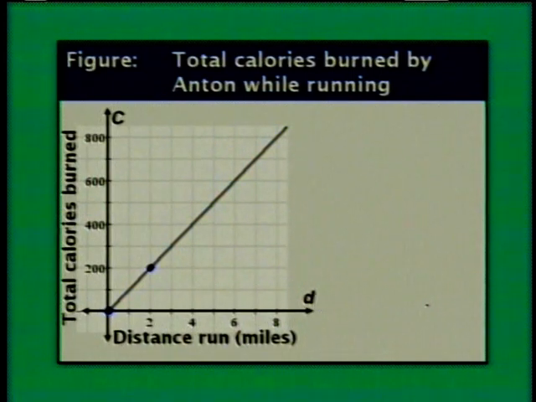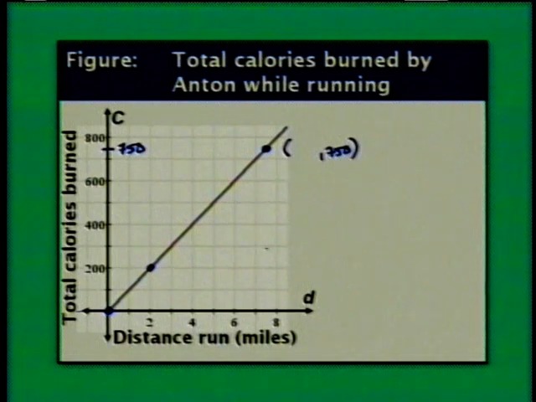So let's think about how we can use this graph to check our solution. We were told that the treadmill informed Anton he had burned 750 calories. We want to know how far he ran. Well, if I look at the ordered pair on the line that represents this relationship, the second coordinate of this ordered pair is 750.